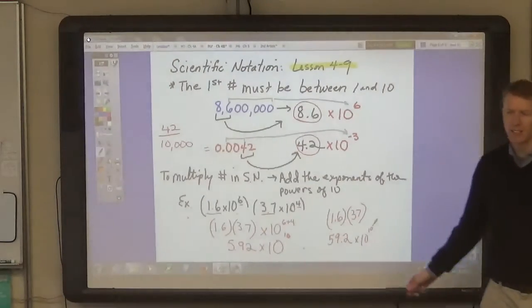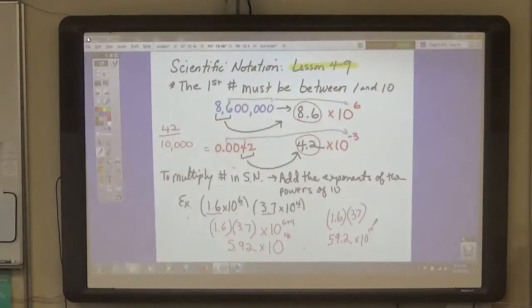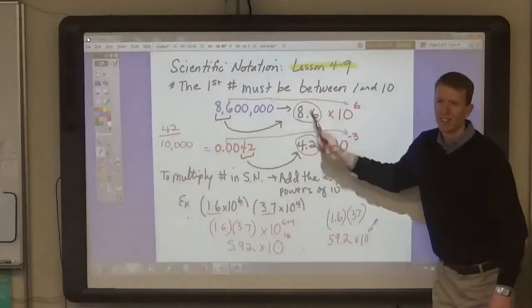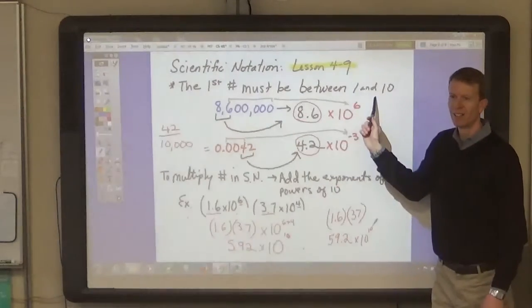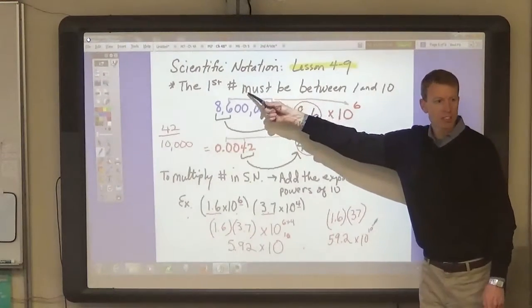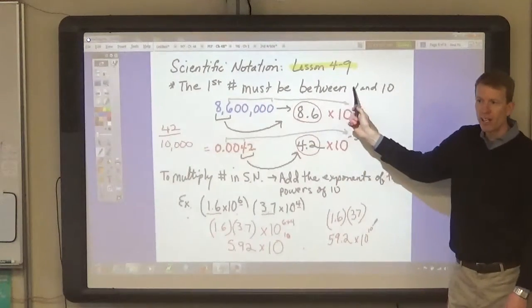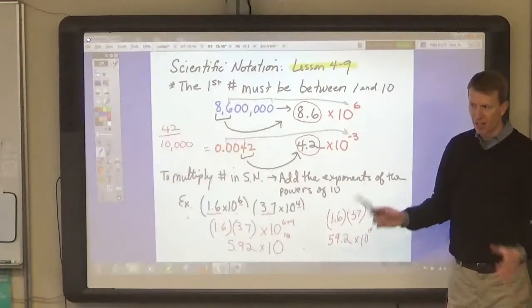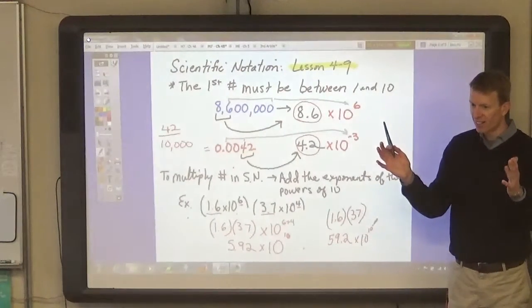Why isn't it in scientific notation? Brett? Because the decimal isn't in the right place. Yeah, the decimal point isn't in the right place, or the first number is not between 1 and 10. 59.2 is way bigger than a number between 1 and 10, right?